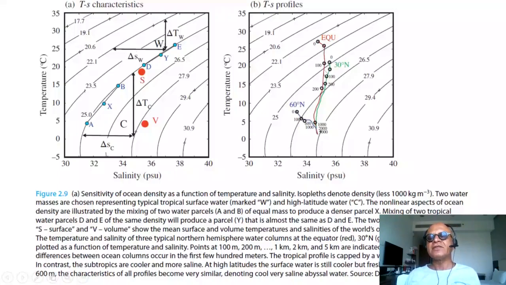Looking more specifically at the ocean sections, this is an equatorial section here, and this is at 60 north and this is at 30 north. We'll come back to this in more simplistic diagrams where we can look at the vertical profiles. I have podcasts on thermocline, vertical structure and so on that you can look up, but you may be already aware of the concept. Near the surface you are going to have warm temperatures and fresh salinities in the equatorial region compared to 30 north, which is in the middle of the subtropical gyre, which is a net evaporative region.